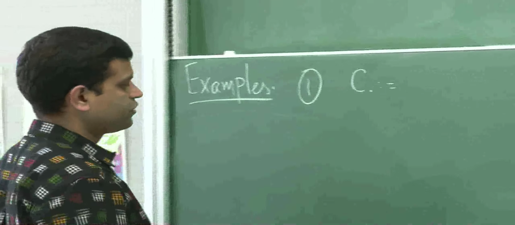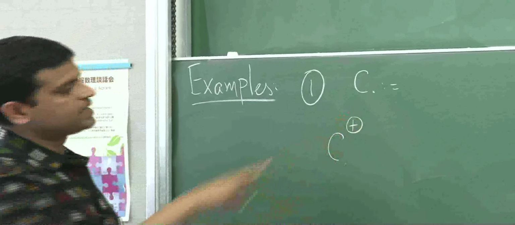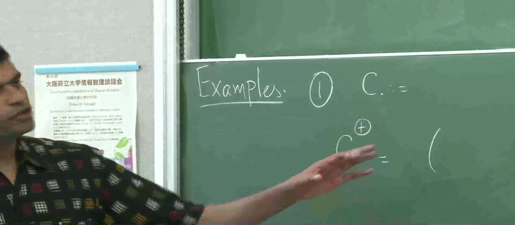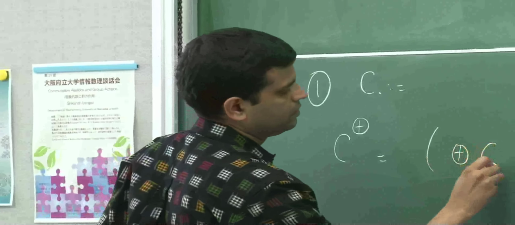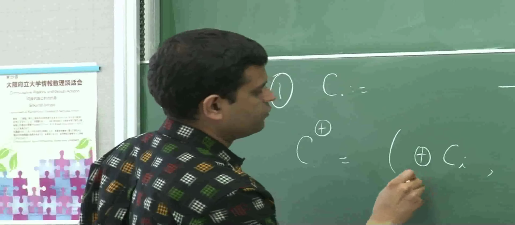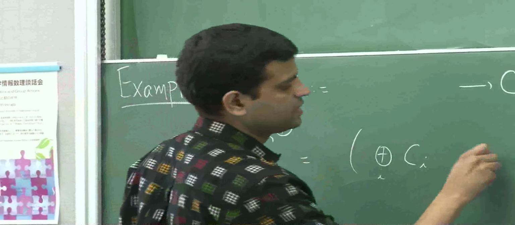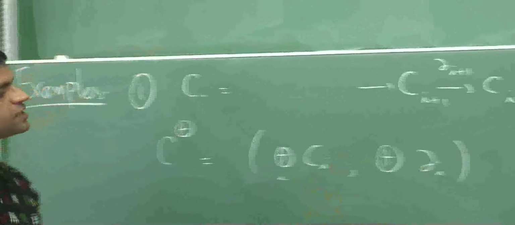you can construct a differential module from it, which I'll denote C plus. So this is the differential module. The underlying module is the obvious one. You have to take the sum of the C_i over all i. And I have to tell you what the differential on this module is. And you could just take the sum of the differentials.